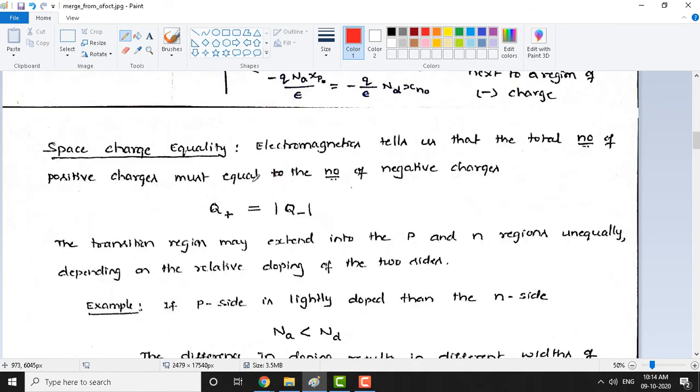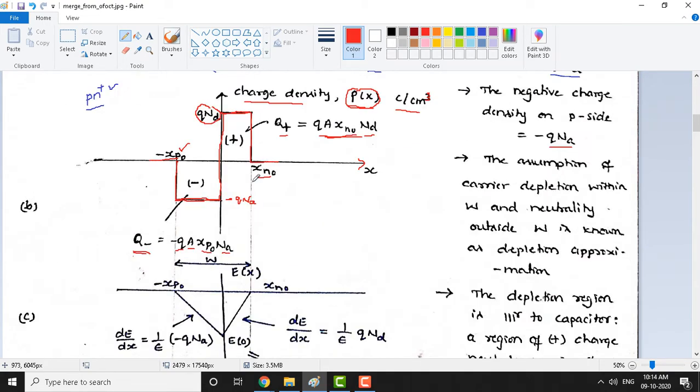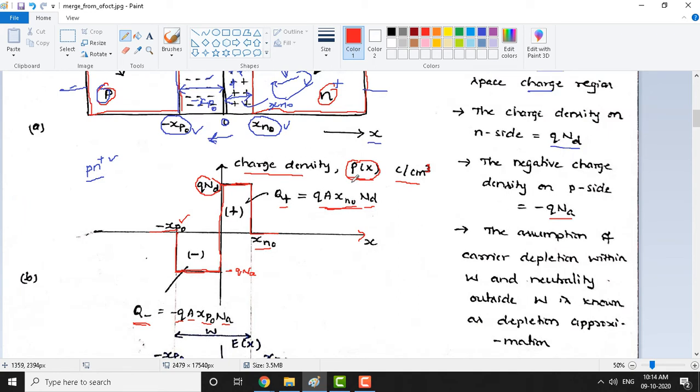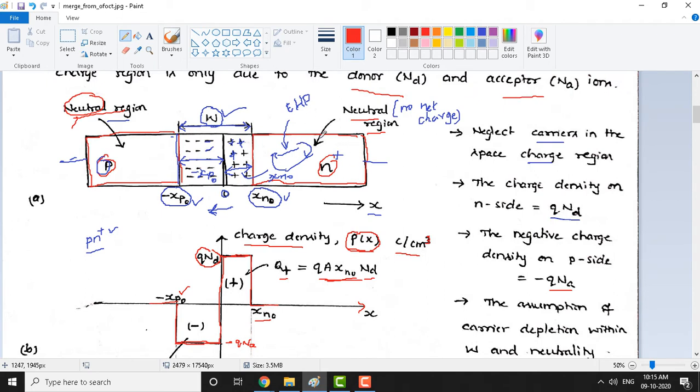So right now what we are discussing is the electrostatics of the p-n junction, or space charge region. I hope you understood the charge density graph as a function of distance. I explained the positive and negative levels, and explained total charges, how you calculate the quantity using the equations. And I also told you that the charge density graph of a p-n junction is a step waveform. In this region there is no charge density because equal numbers of electron-hole pairs occur here.